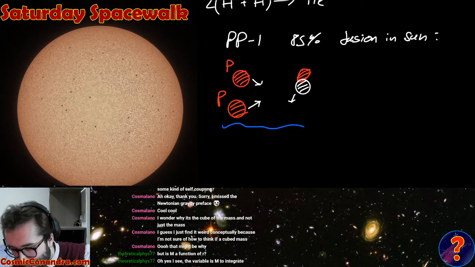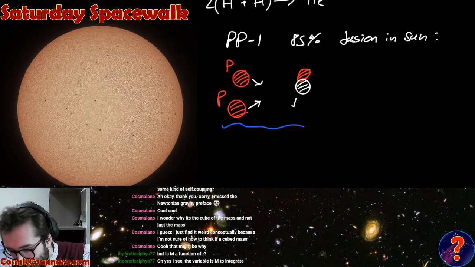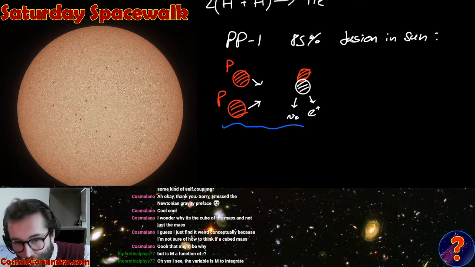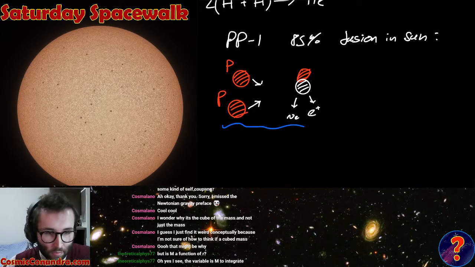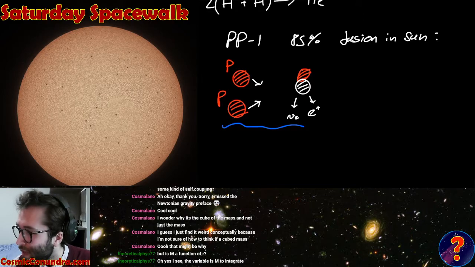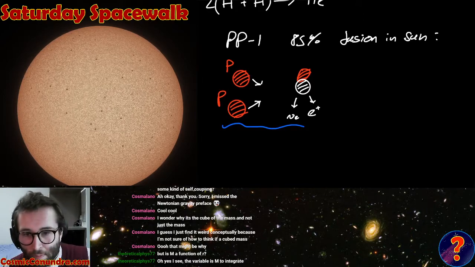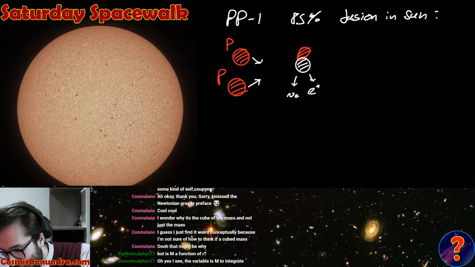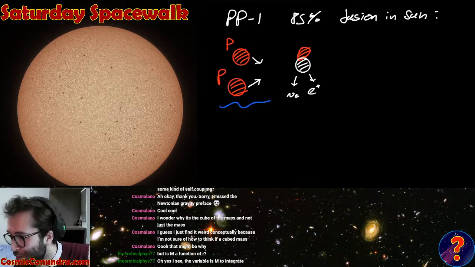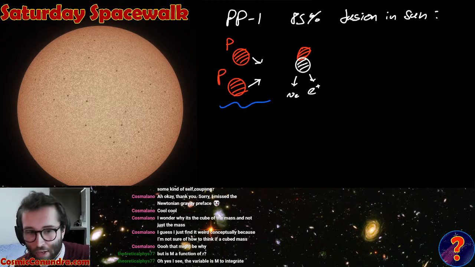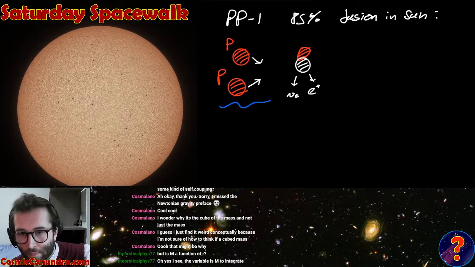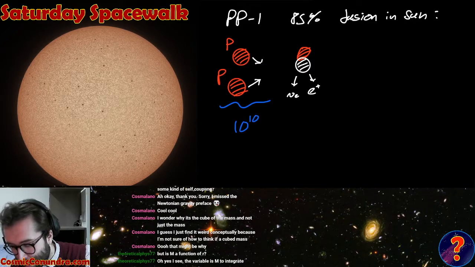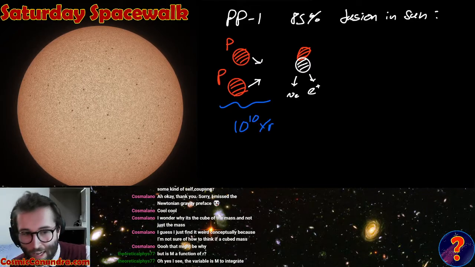And this process releases solar neutrinos and also positrons into the mix. But these positrons will annihilate pretty quickly with the electrons that are also present in the plasma. Okay. So this first process of combining the two protons is massively the bottleneck in how quickly fusion happens. On average, for two protons, this takes about 10 to the power of 10 years.